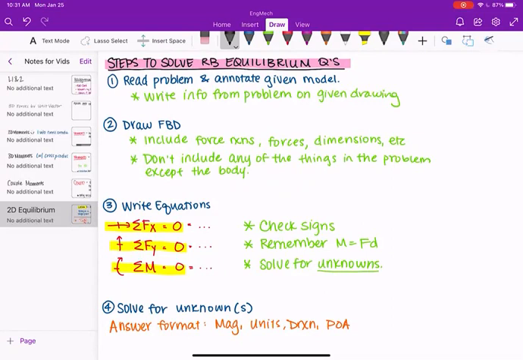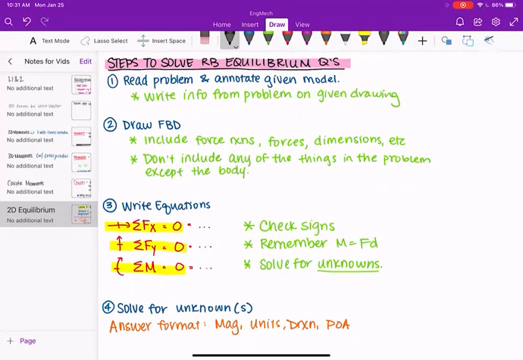What you want to include is all of the stuff that might be potentially important to you. So the forces that are acting on the body from the problem, the forces that are reacting on the body from the things that you are removing, so any of the supports, any of the dimensions that were given to you in the problem, any angles that you were given in the problem, and you want to identify where all of your unknowns are in that problem.